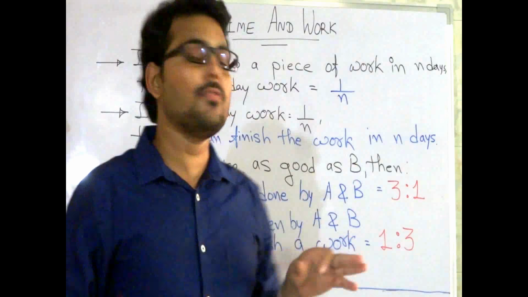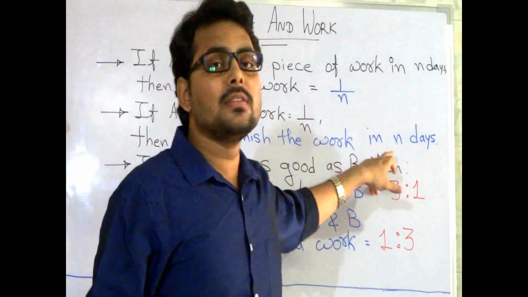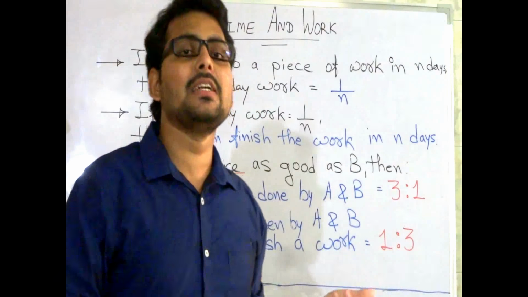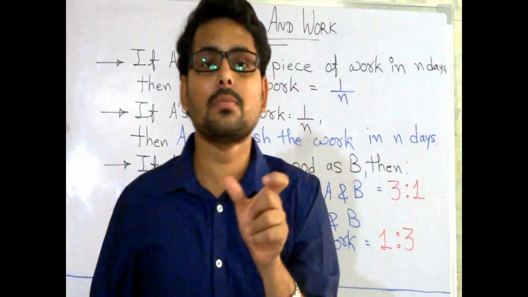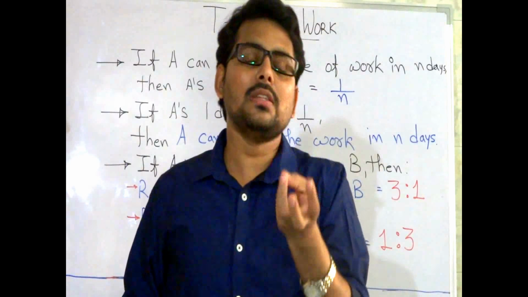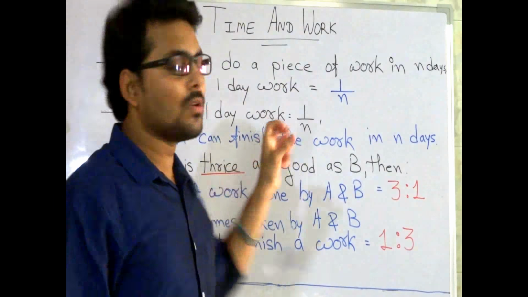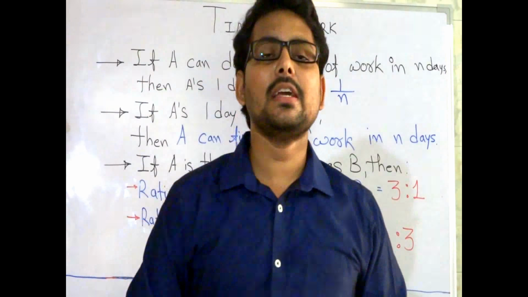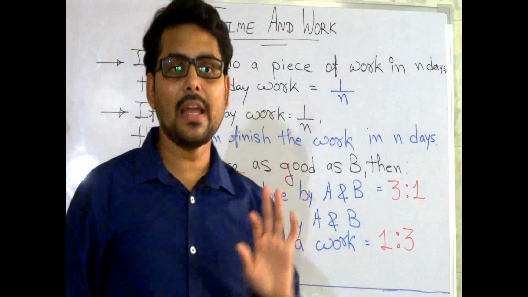Then that student can finish that work in 3 days. 1 by 3 means in 3 days he can finish, because in 1 day he does 3 chapters, so in 3 days he can complete the 9 chapters.